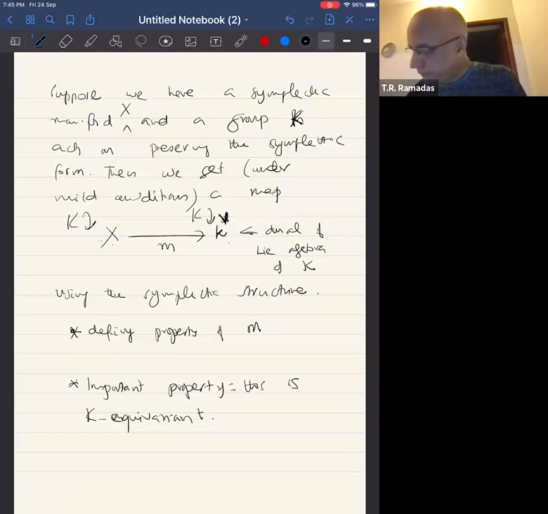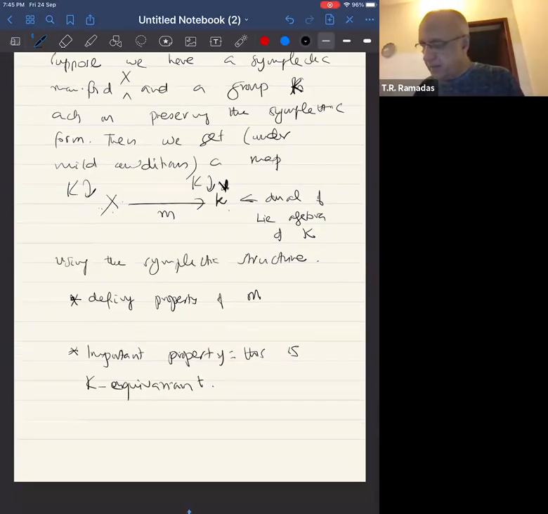Now, what is the defining property of M? Now this will be quite a mouthful, okay? But you have to remember everything that went before. Okay, defining property of the moment map.